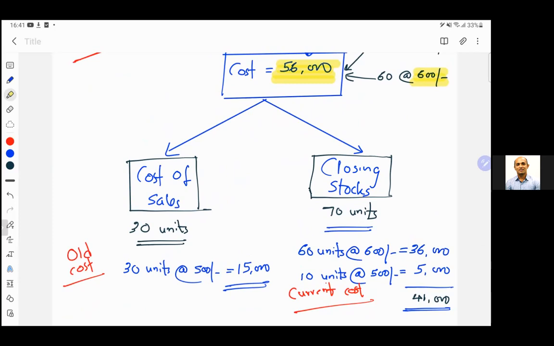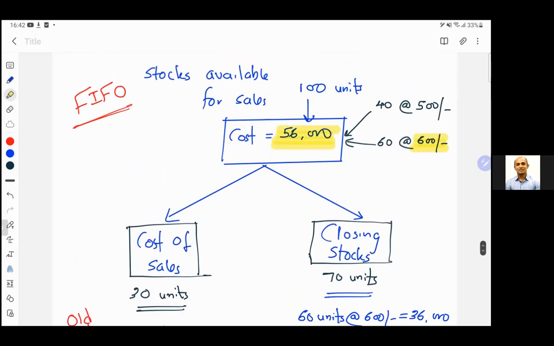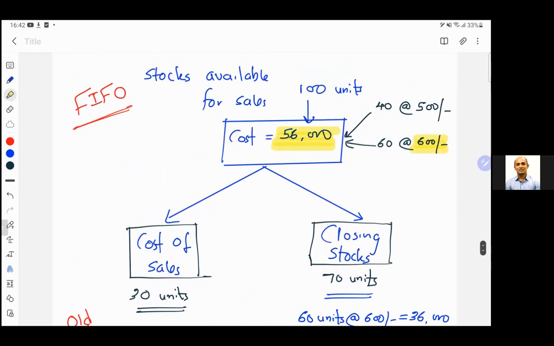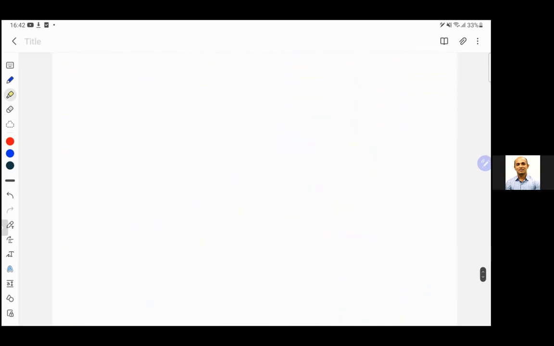So if the company applies FIFO basis, stock values are at current prices, but cost of sales at old prices. So this is about FIFO.